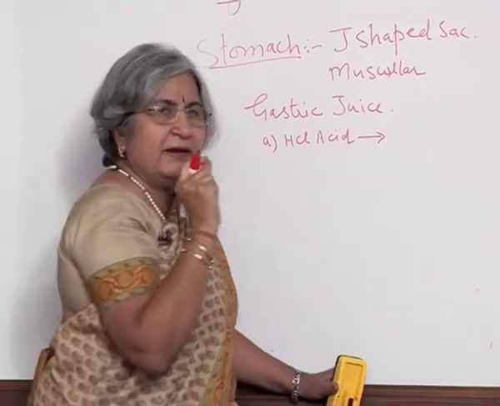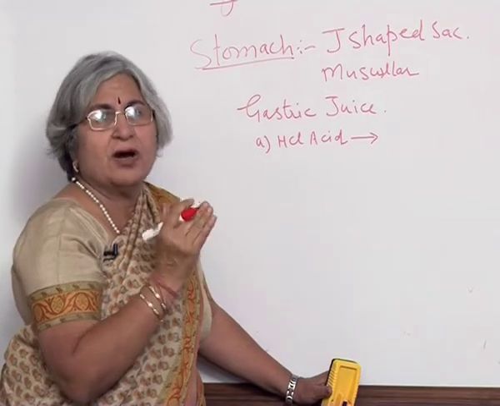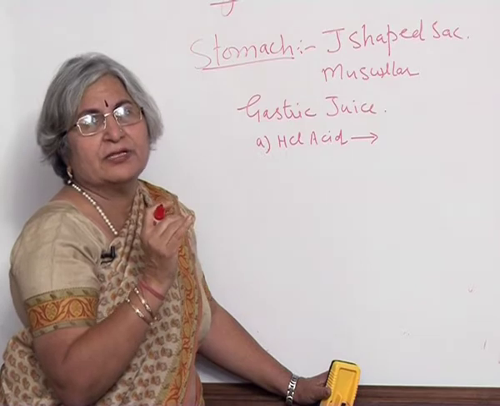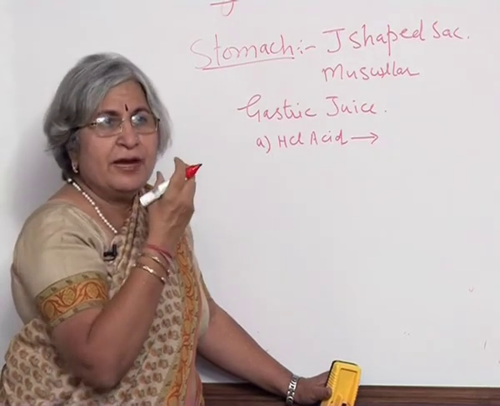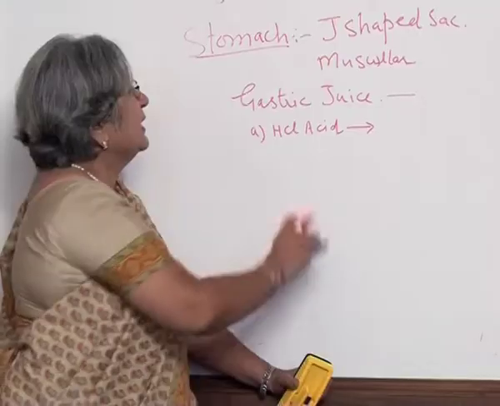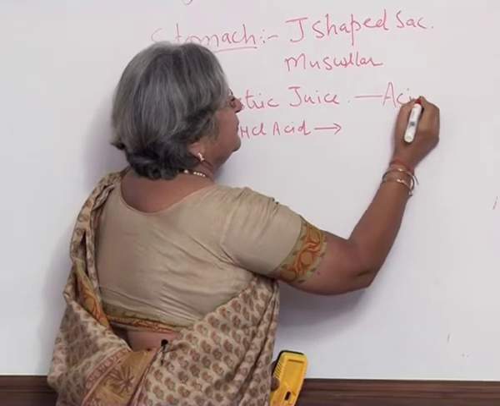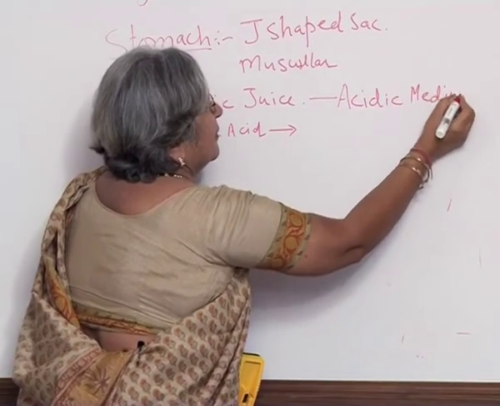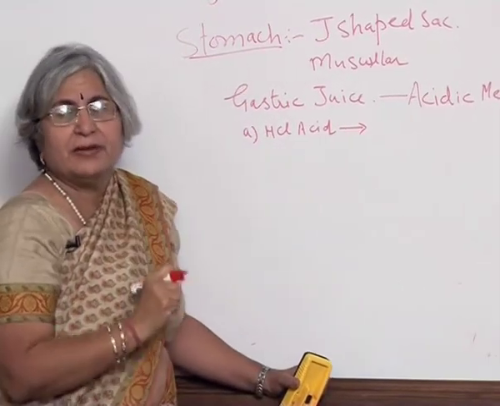You know, every reaction needs a certain medium, either acidic or basic. For salivary amylase, a basic medium was required, which was provided in the mouth. Now, when food reaches the stomach, the gastric juice requires an acidic medium.